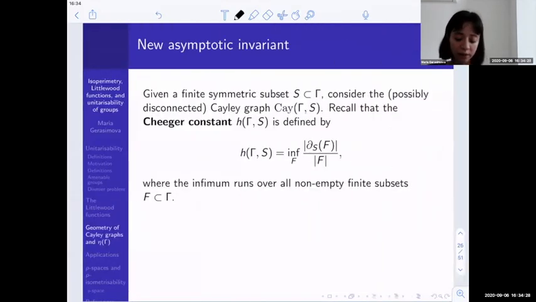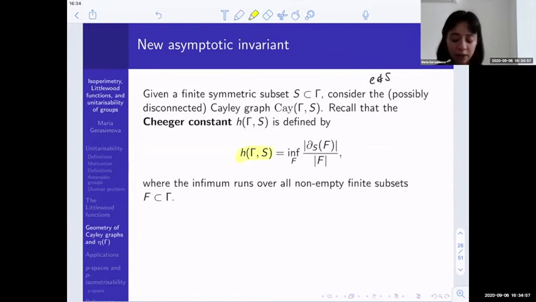I will consider a finite symmetric set S and consider the Cayley graph with respect to this set. Here I'm not assuming that S is generating. And just for simplicity, let me assume for a moment that e, the neutral element, is not inside the set, just to avoid loops. We can define the Kesten constant, a well-known thing in geometric group theory.